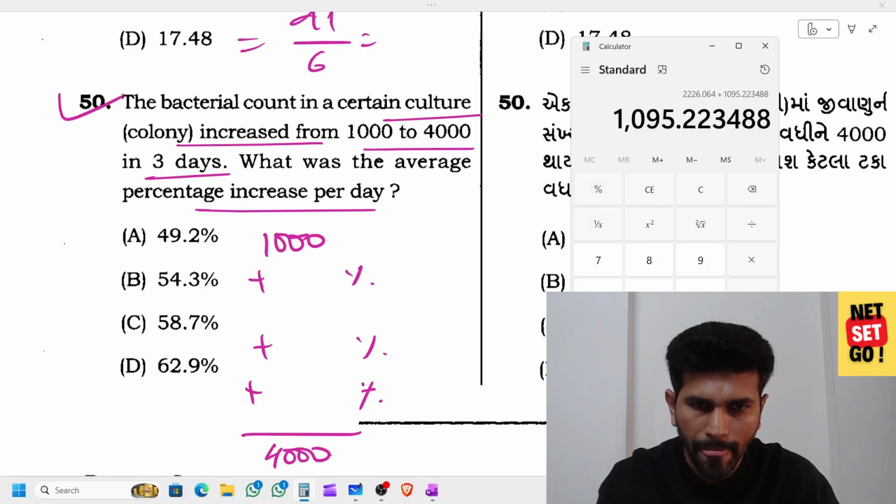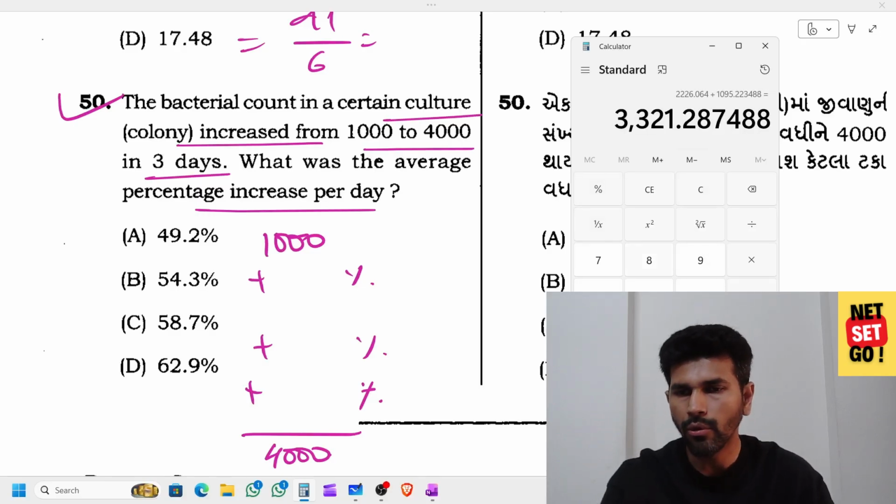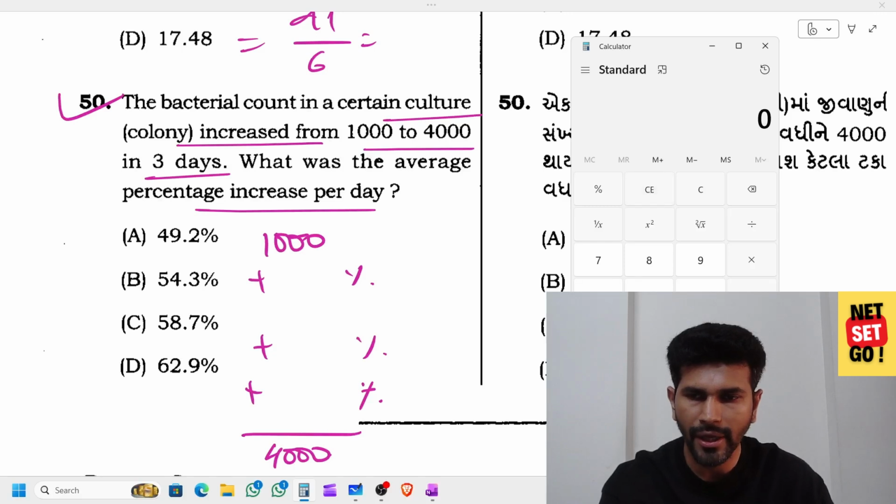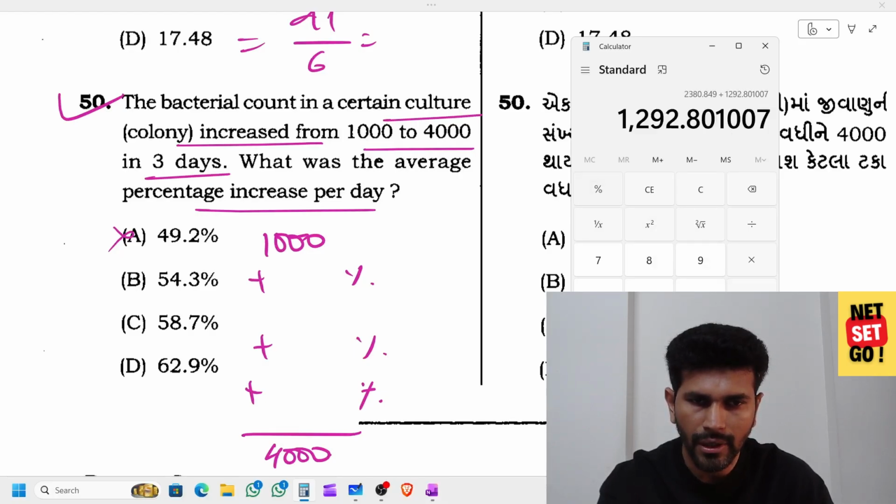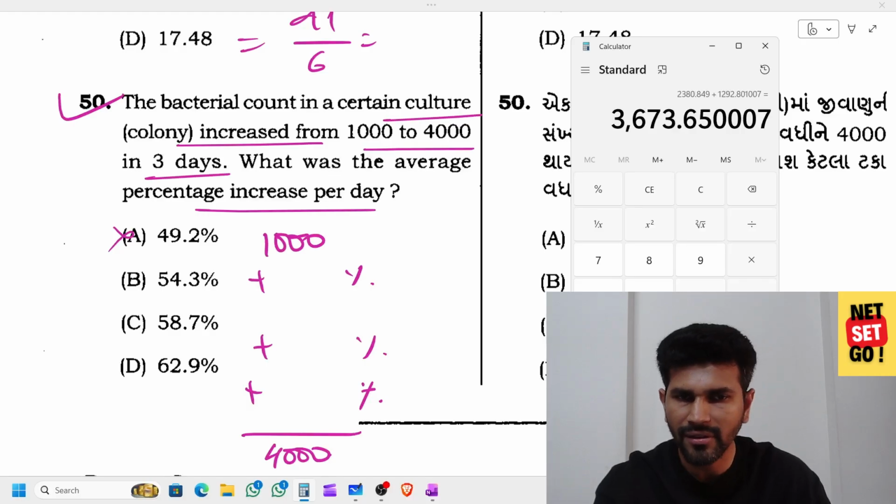49.2%, so 3321 will come. No, option A is not correct. Next, 1000 plus 54.3%, plus 54.3%, plus 54.3% is 3673.